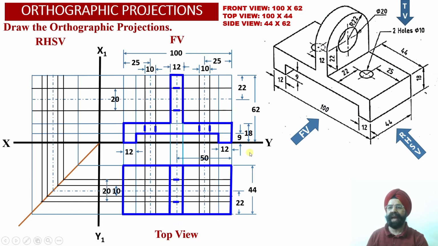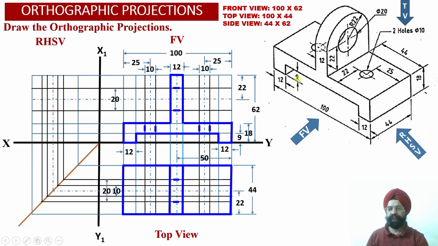Now we also know that this hole corresponding to these two diameter ends is not visible to the observer from the top. So the observer will be able to view the hidden line projections corresponding to these two ends of the diameter into the top view projections.